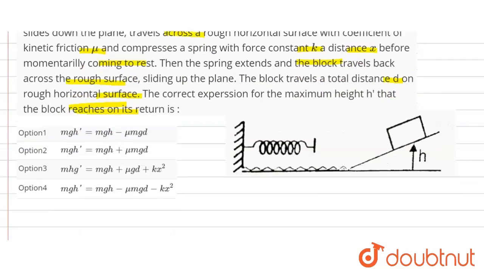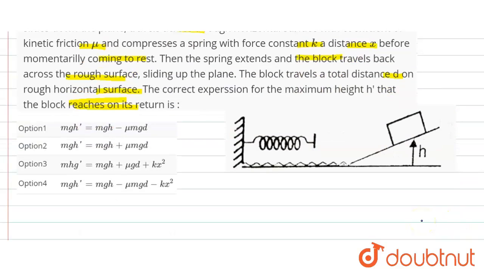So here, see, the final potential energy of the block is equal to the initial potential energy plus the work done by friction.